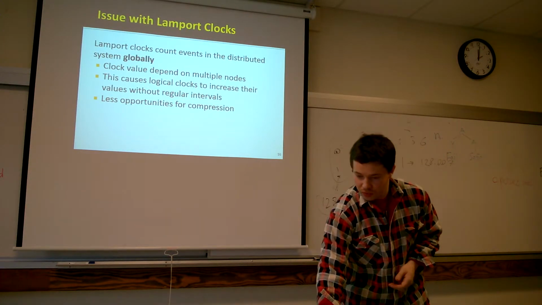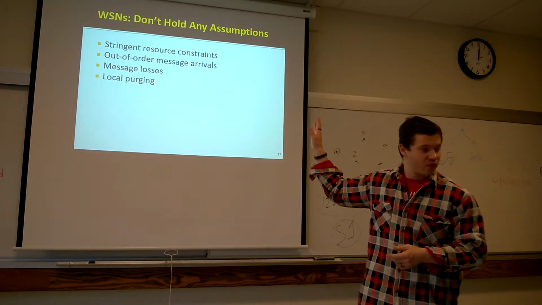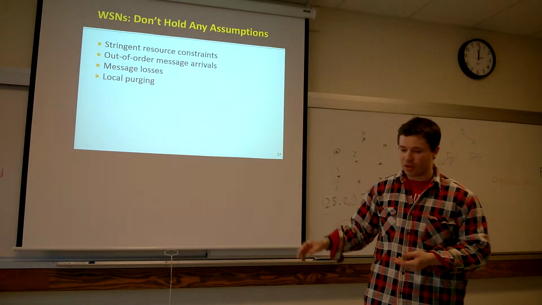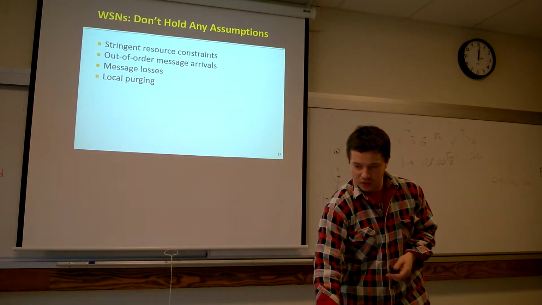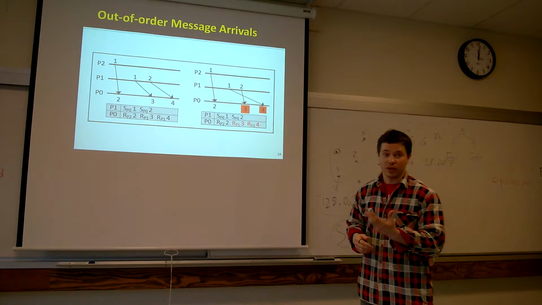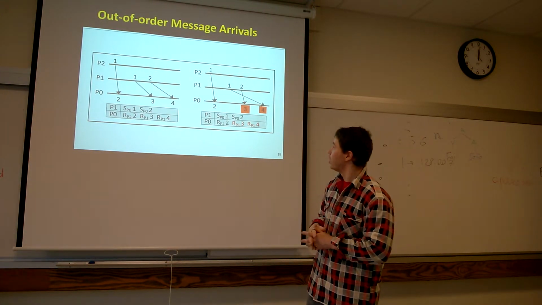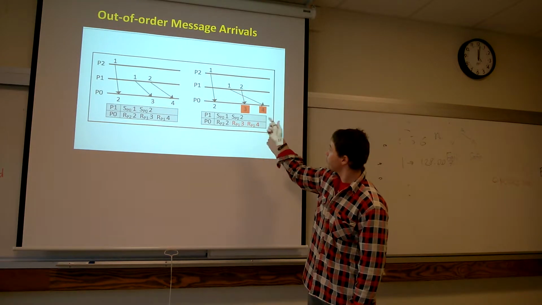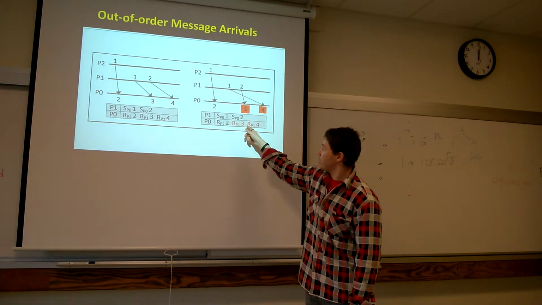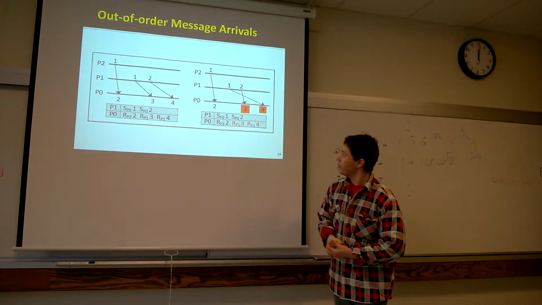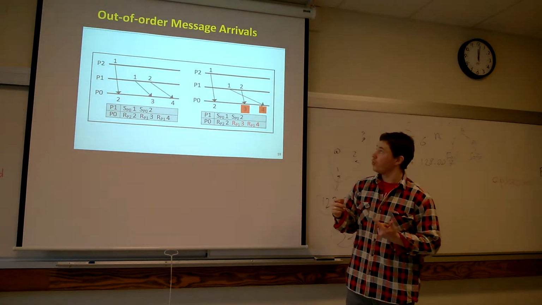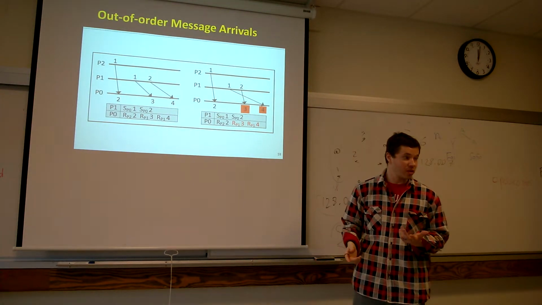Okay. So, yeah, with sensor networks, you don't have any assumption. Let's get into this Lamport clock issue that we just discussed. We cannot detect the order properly, since this is out of order message arrival.